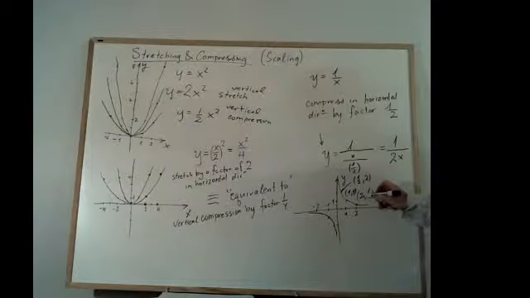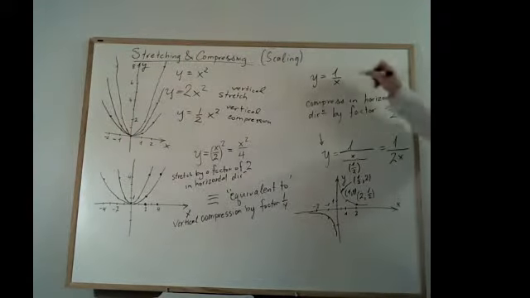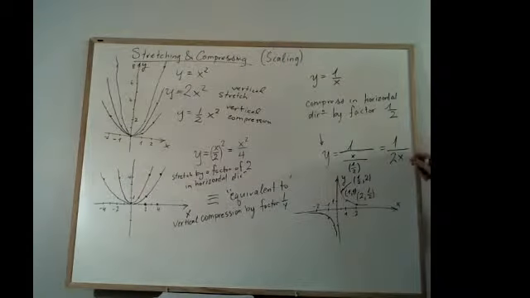So x goes from 2 down to 1. I should get the same value of y if I take, instead of 2, which will give me y equals 1/2 for the original equation, I'll take 1 here. And indeed I get the same value of y, 1/2.